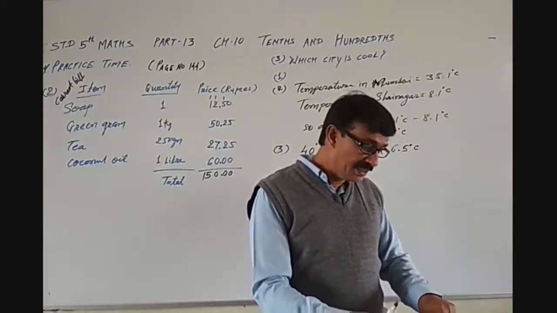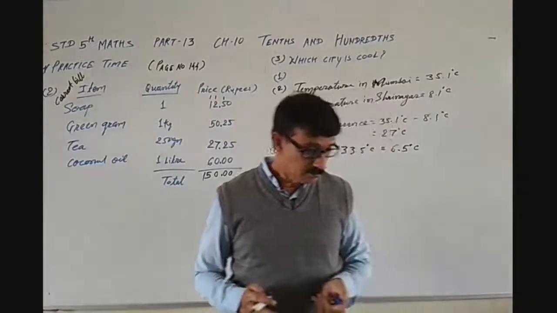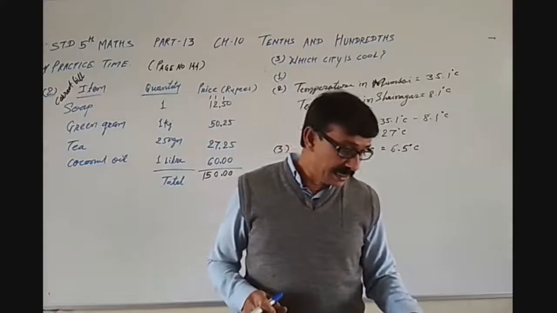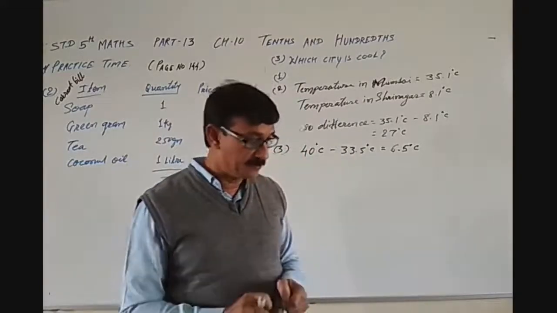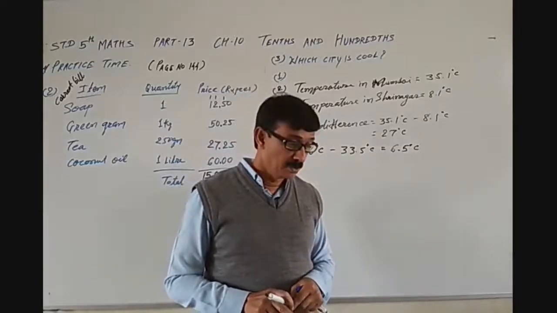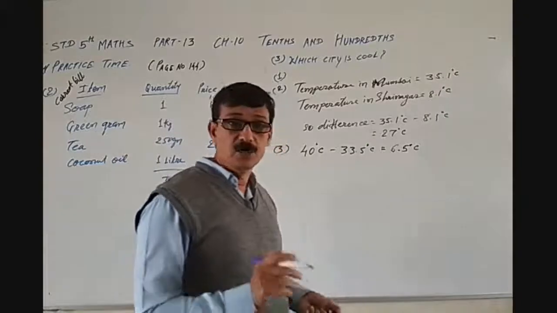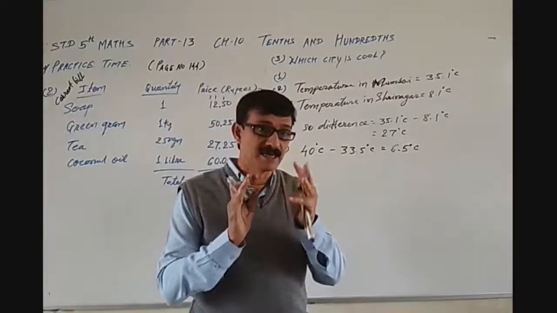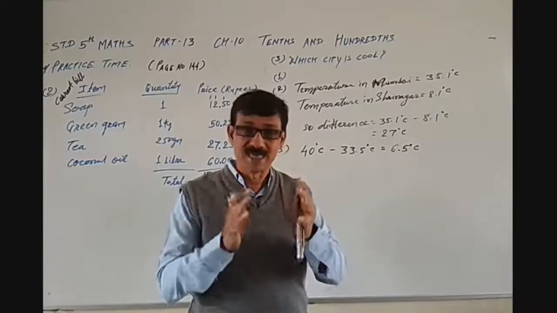How much lower is the temperature of Kolkata from Chennai? How much lower is the temperature in Kolkata from that in Chennai? Let's see. See, I am answering directly. What you will write as the answer is what I am speaking.